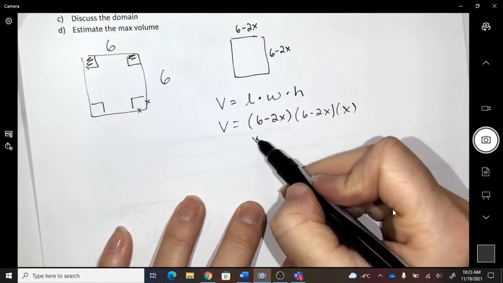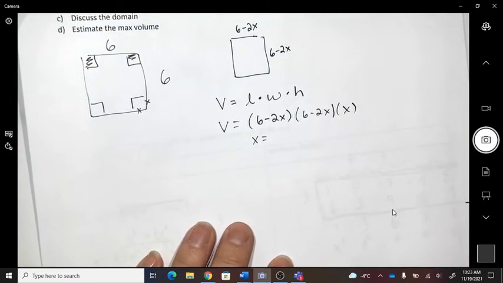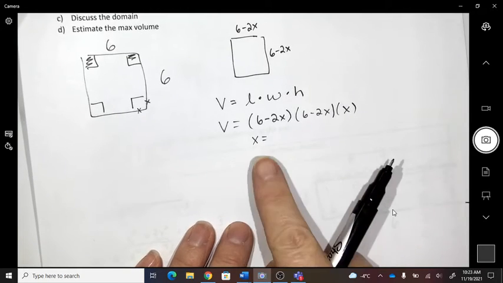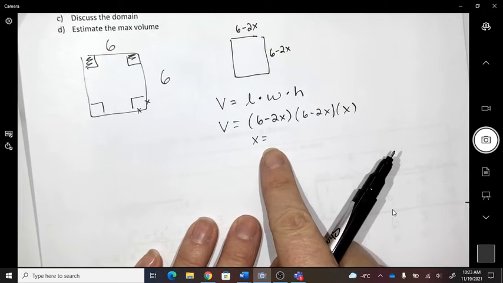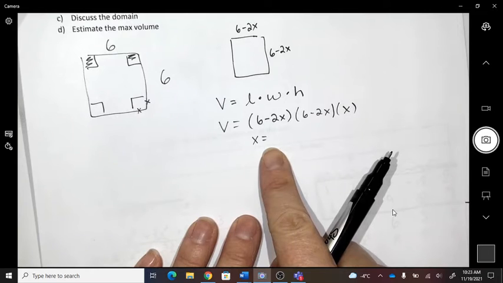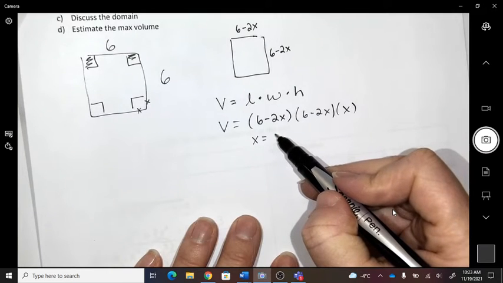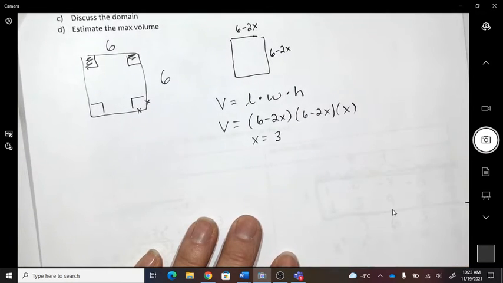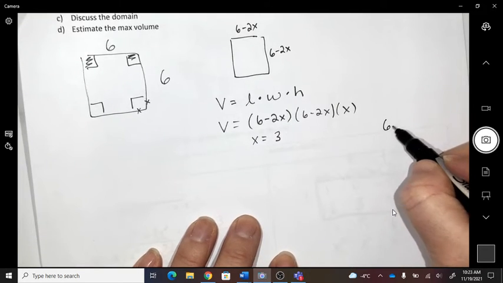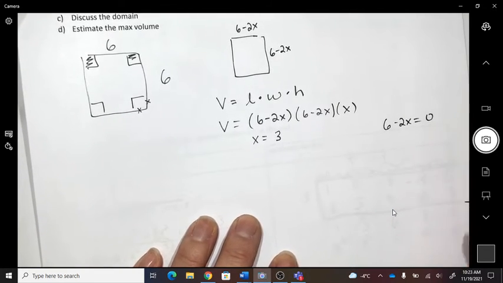Okay, so what's the x-intercept? What's the x-intercept in this bracket? So I'm trying to set this to 0.